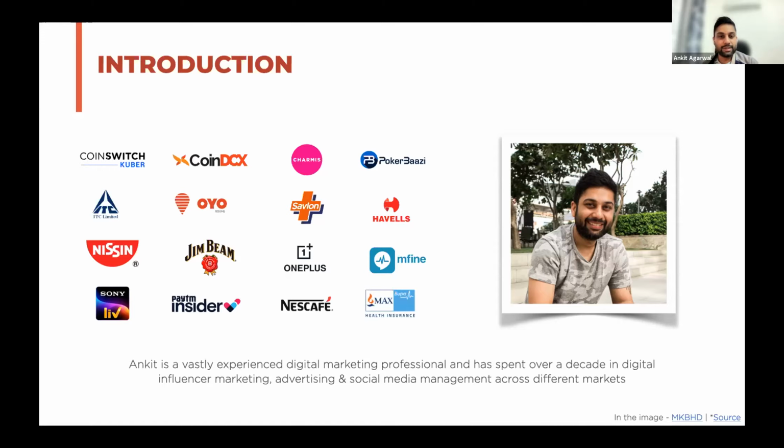These brands vary from bigger names like Savlon and Charmis, to newer ones like CoinDCX and CoinSwitch, to startups like Mfine, Pokerbaazi and OnePlus. Of course, there have been a lot of D2C brands as well. In fact, a couple of you from this cohort I have interacted with in the past.